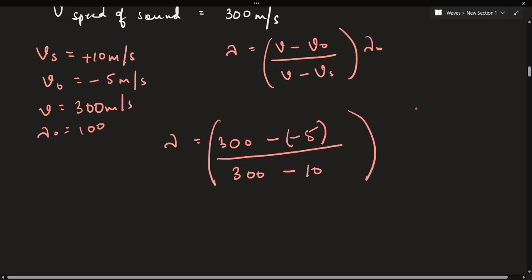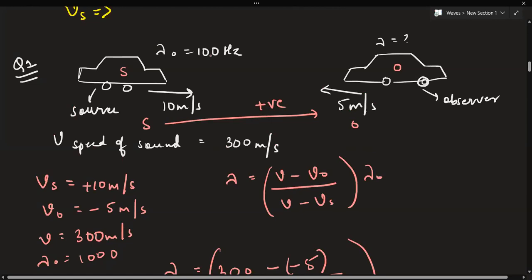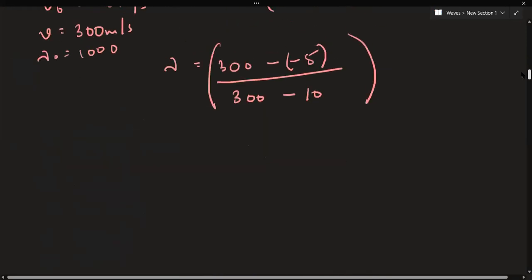This whole multiplied by the frequency. Let us take it as 1000. Just edit it in your question, what you have noted. So the frequency will be 305 divided by 290 into 1000.